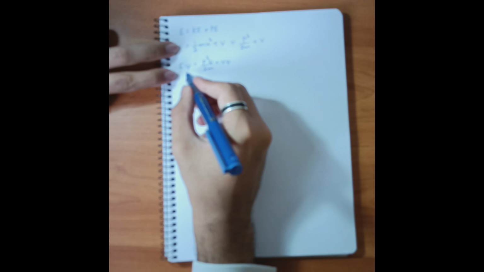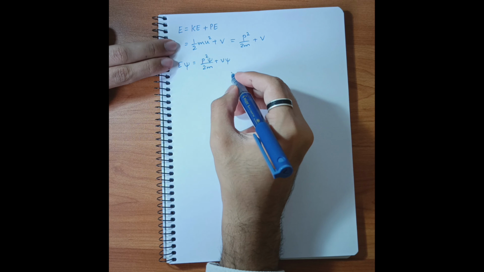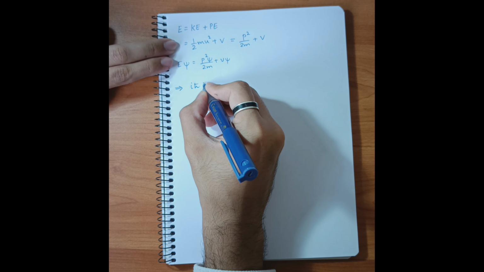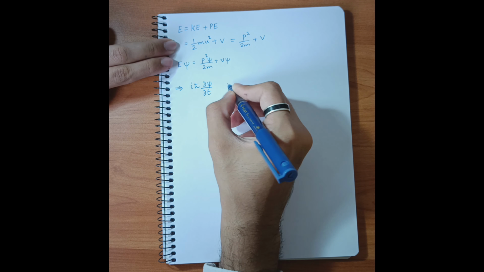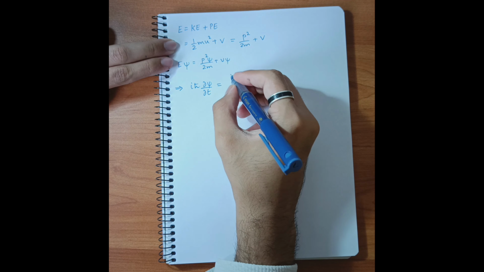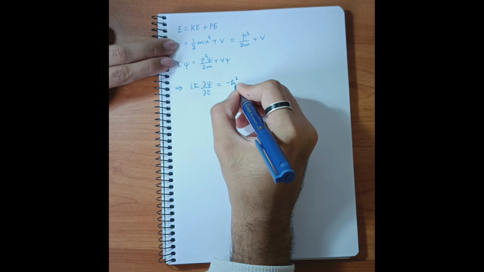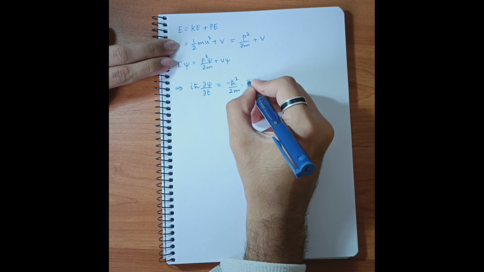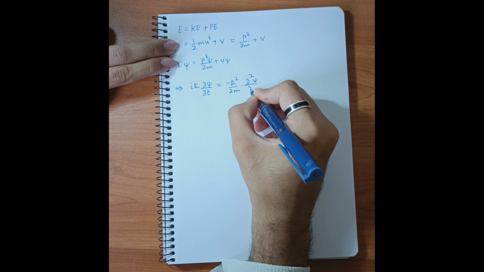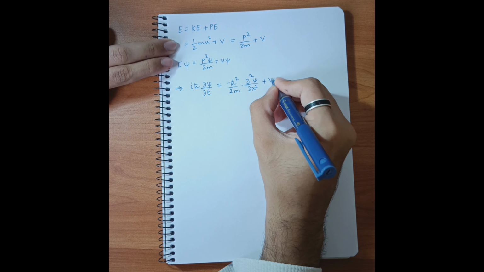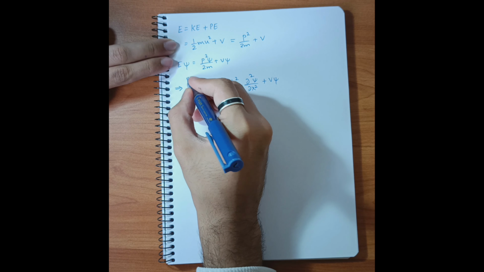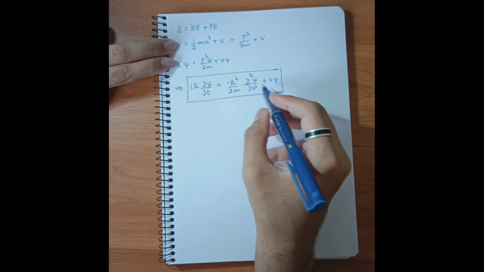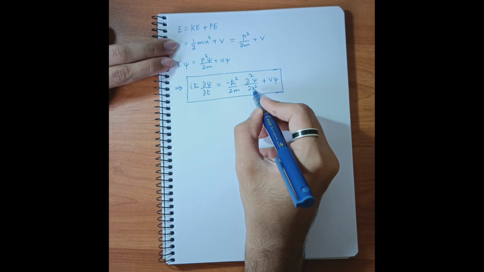Now let us substitute the values from the previous results into this equation, which gives us i h bar times the time derivative of the wave function equals negative h bar squared over 2m, this 2m is written in the denominator, times the spatial second derivative, that is this term, plus V psi. Now this is one of the forms of the Schrödinger wave equation when the particle is considered to be moving in one dimension.